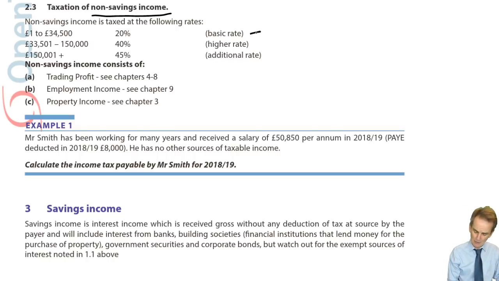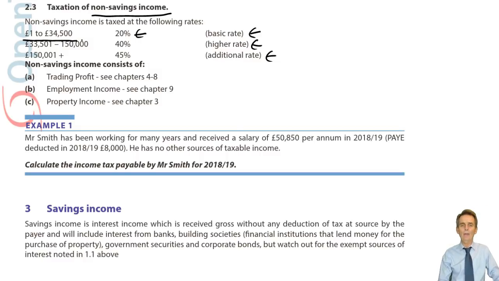They go by the names of basic rate, higher rate, and additional rate tax. Based on the amount of taxable non-savings income, these rates are 20% for basic rate, and that will assess the first up to £34,500. That is the basic rate band limit. So up to that level, it's a 20% basic rate liability.